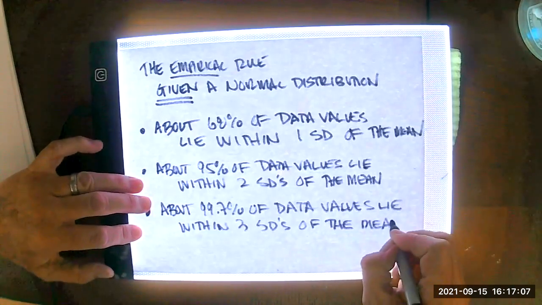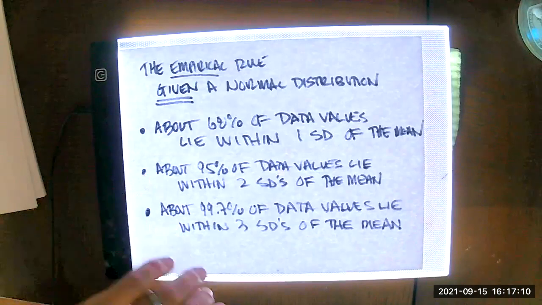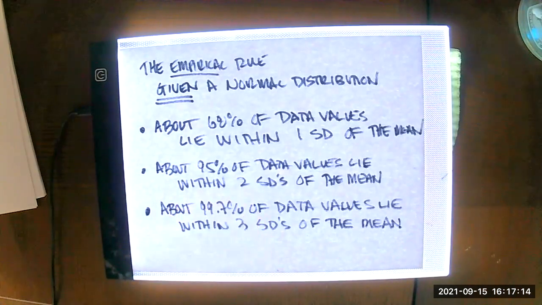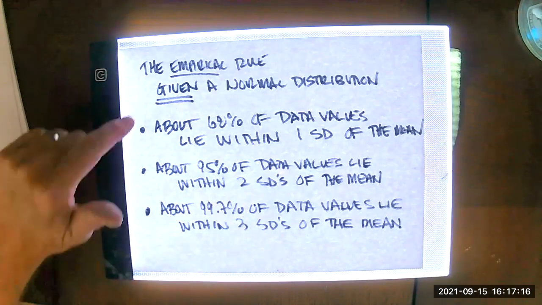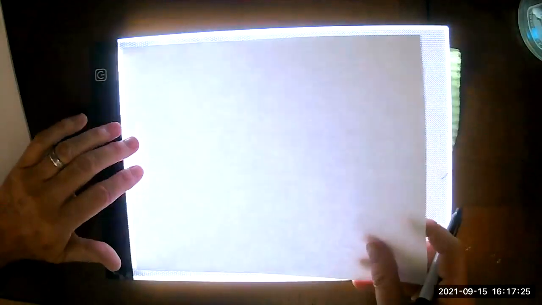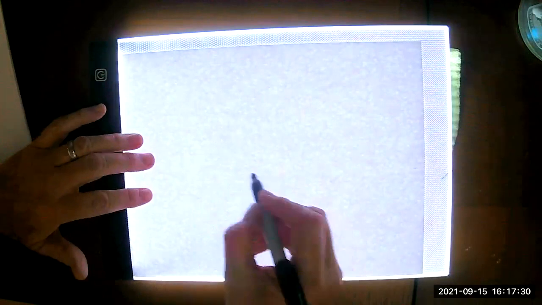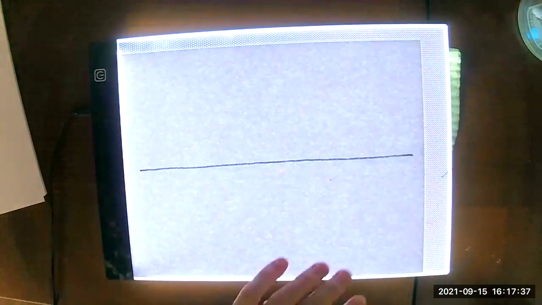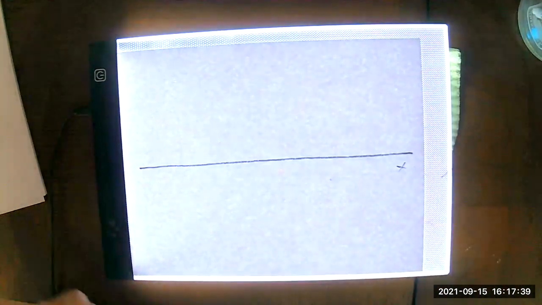I need to draw 2 pictures. The first is going to be an illustration of the empirical rule. You need a normal distribution. So let me come over here. Pick up a fresh sheet of paper. These are my X values.